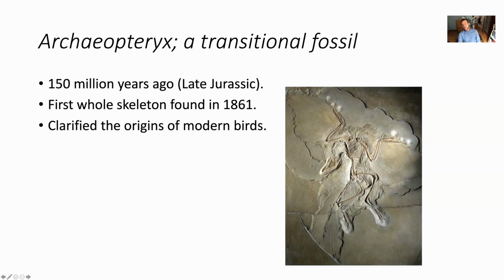There are places where the sediment is super fine, and that preserves the most amount of detail. So you can actually see parts of the feathers that were attached to the bone, and the tissue.